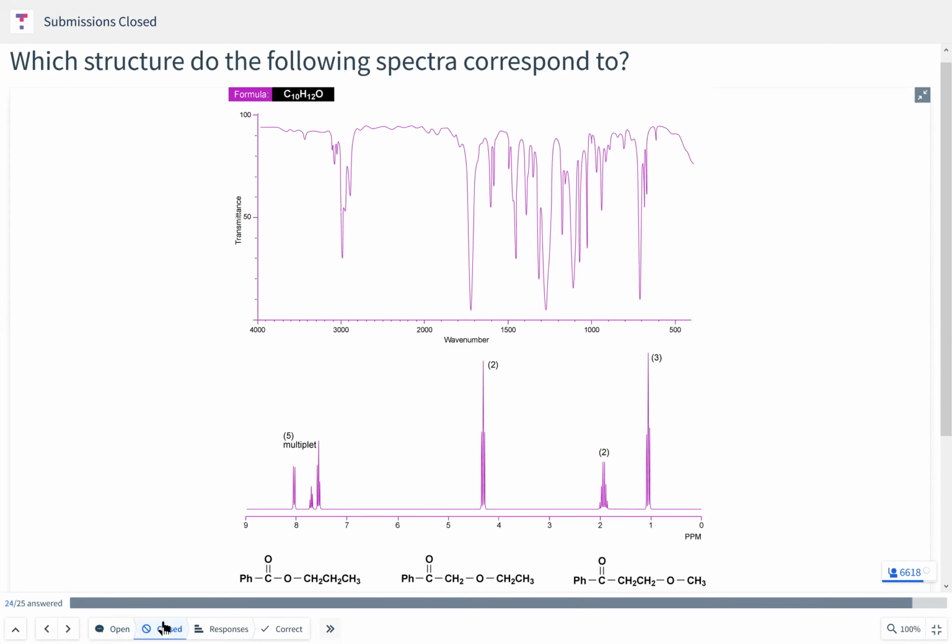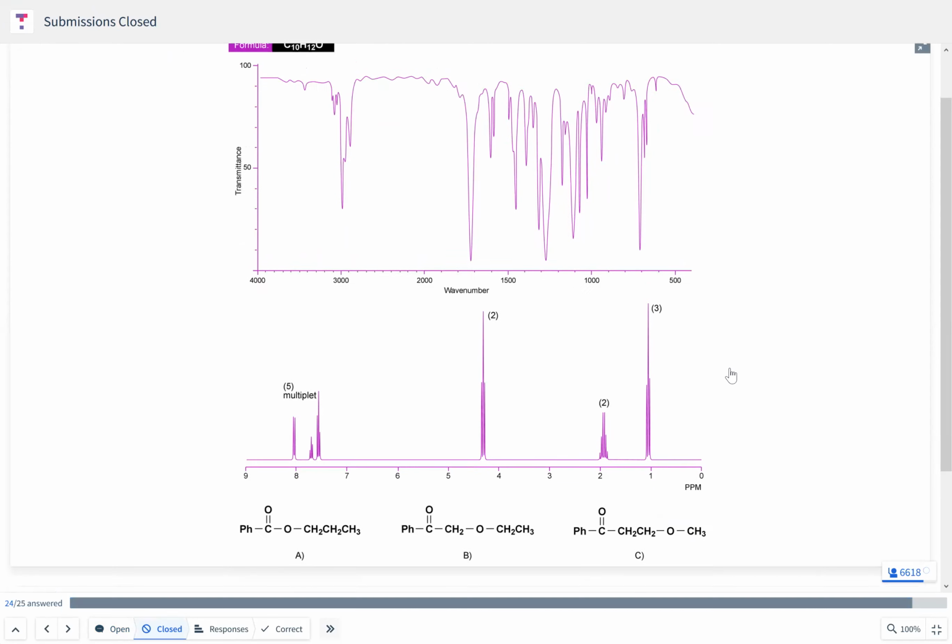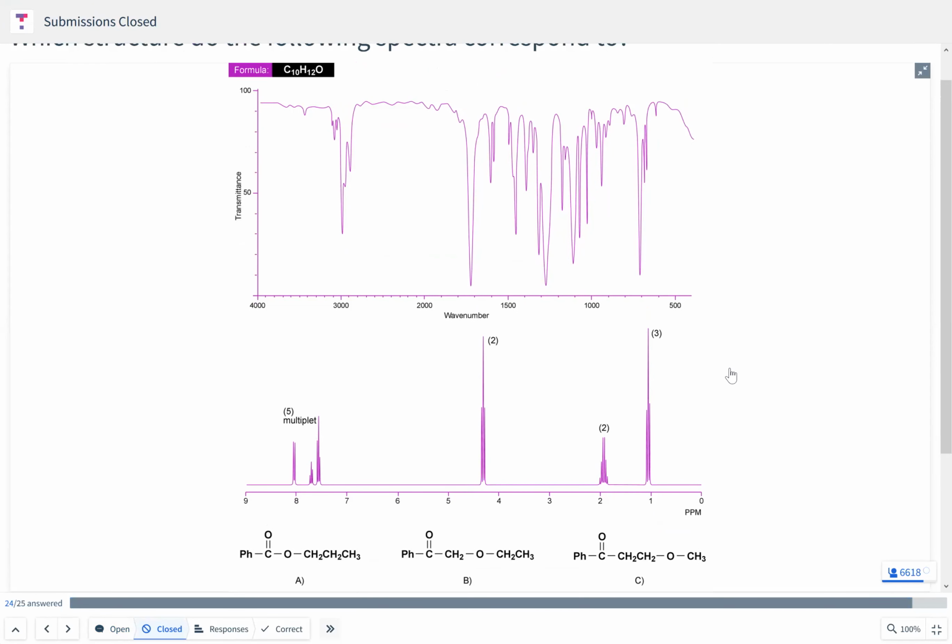Okay, so let's go through this before we put our answers up here. There are two ways that you could do this. First of all, hopefully you notice the IR tells you there's a carbonyl, right? That's what that peak in the middle says. It says there's no OH group, so there's no carboxylic acid, no alcohol.